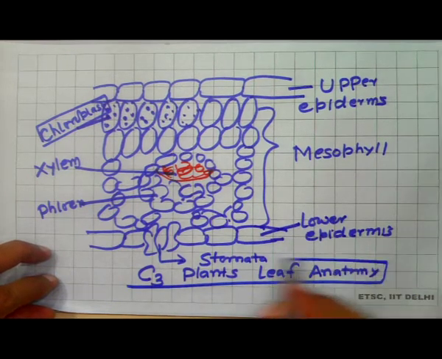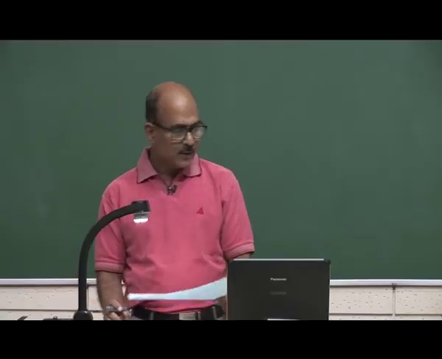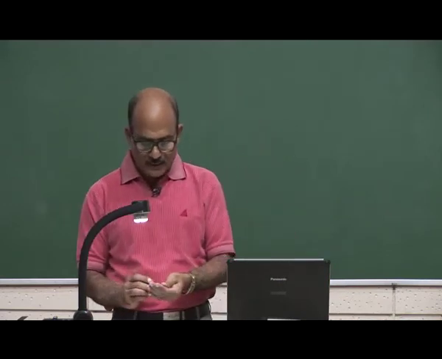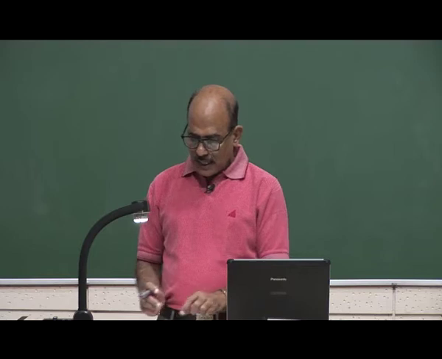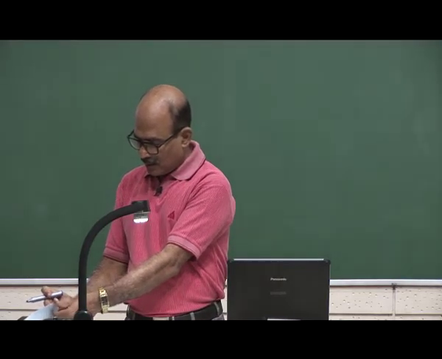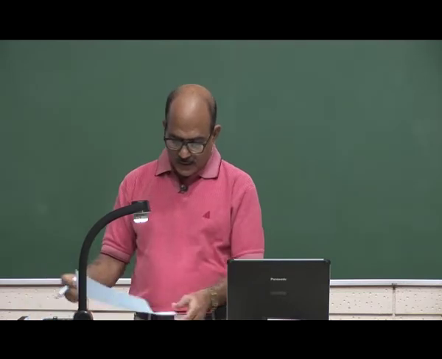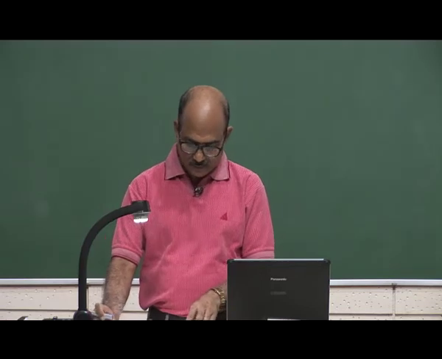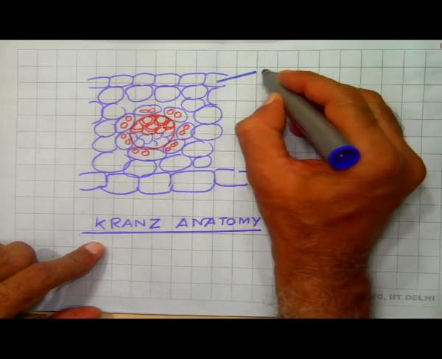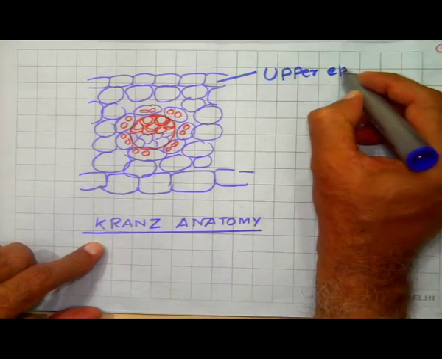Now, Hatch and Slack found that in C4 plants the anatomy of the leaf has certain specializations. This type of leaf anatomy is called Kranz anatomy. Here is the structure. This one is the same as in the C3 plant. Here is the upper epidermis.